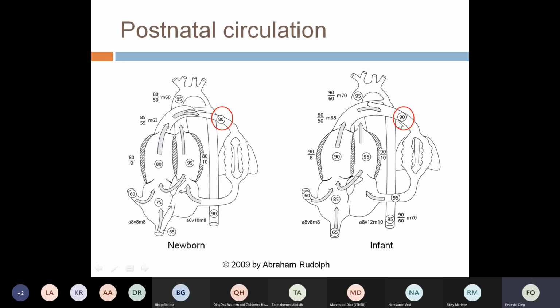So it's getting worse. You can see the pattern of saturation in the pulmonary artery can go up to 90%, and it will relax pulmonary vessels even more and allow overcirculation through them.